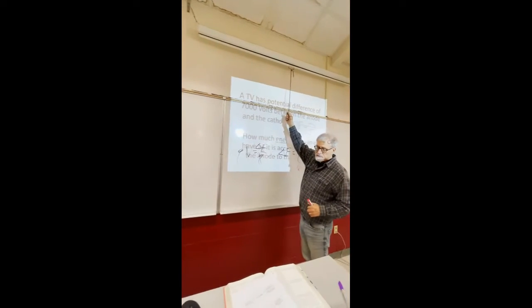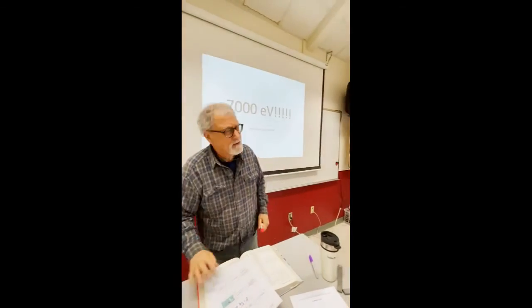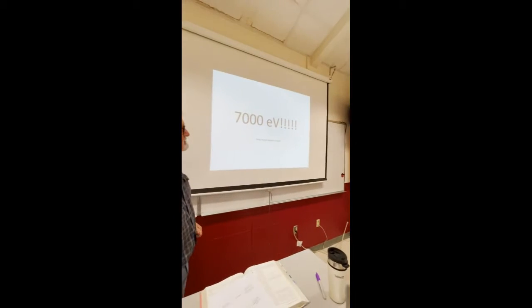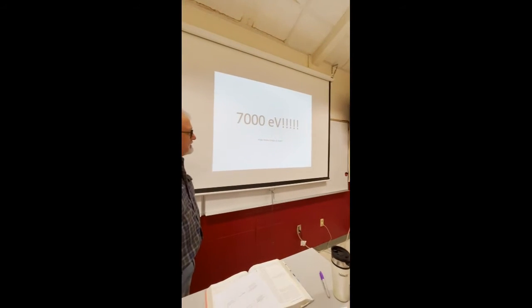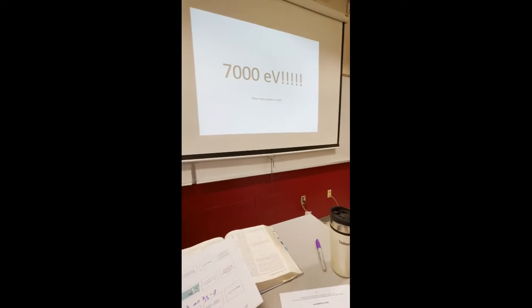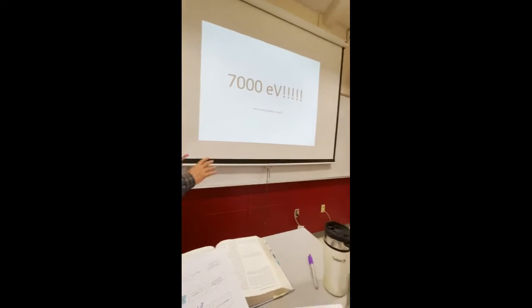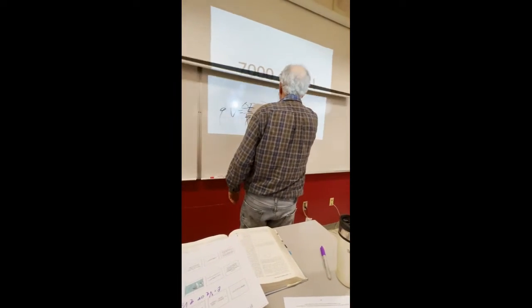So the answer is 7,000 electron volts. See how easy that is? That's 7,000 electron volts. And if you wanted to change that to joules, you would just multiply by the 1.6 times 10 to the negative 19.